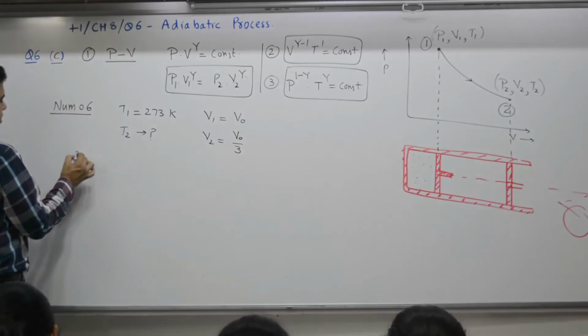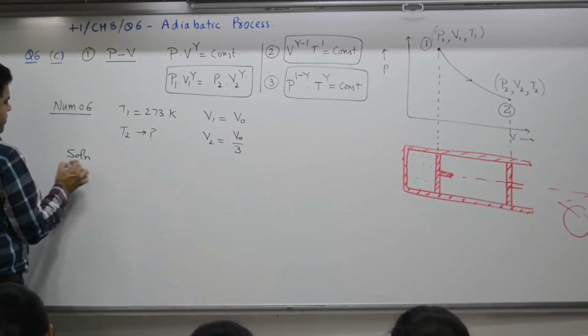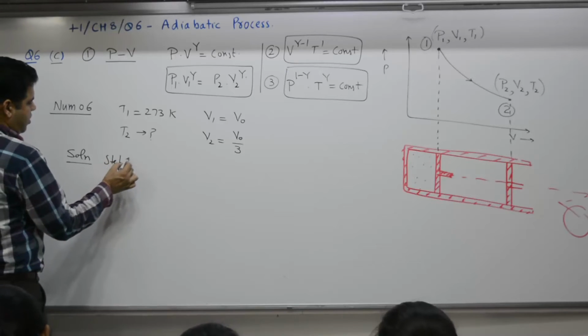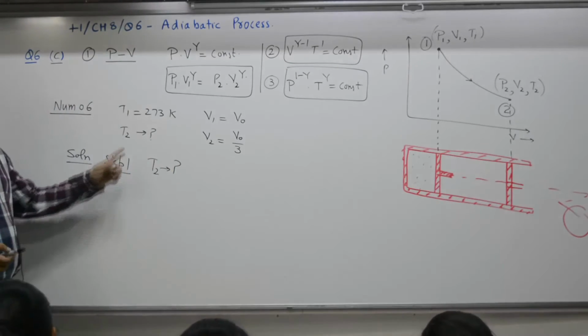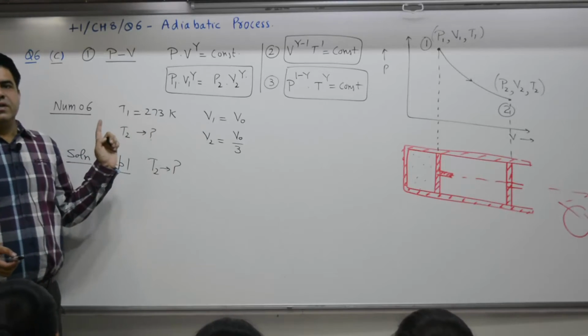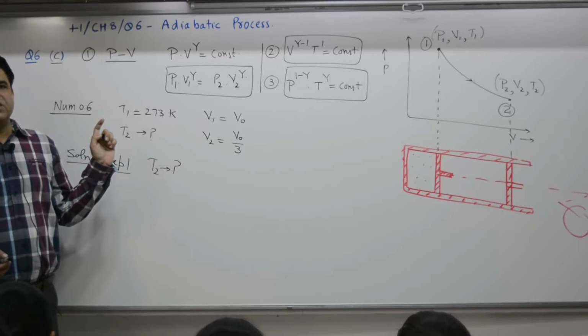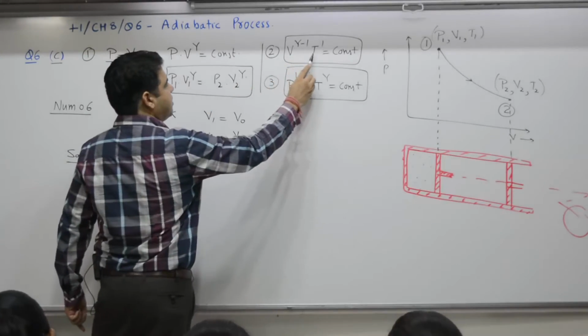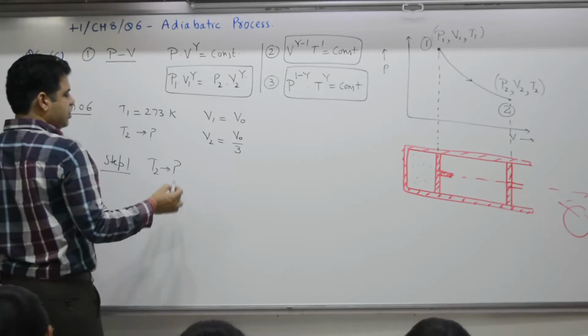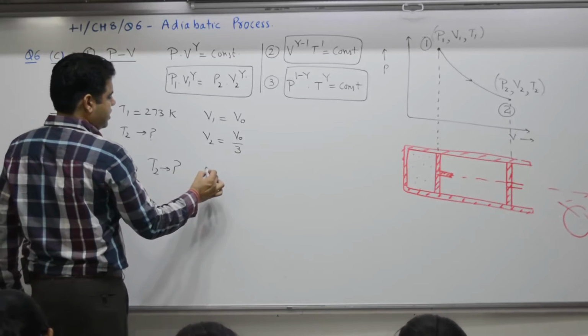Step 1. Find T2. A relationship between V and T. For adiabatic process, relationship between V and T is V to the power gamma minus 1 and T to the power 1 is equal to constant. Means what?